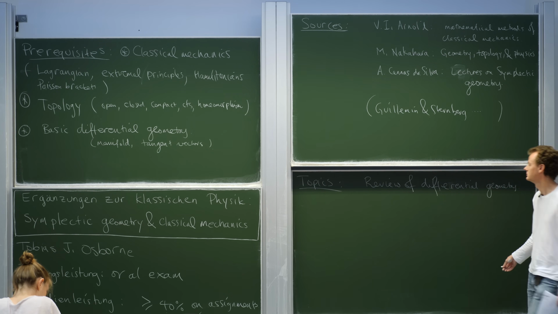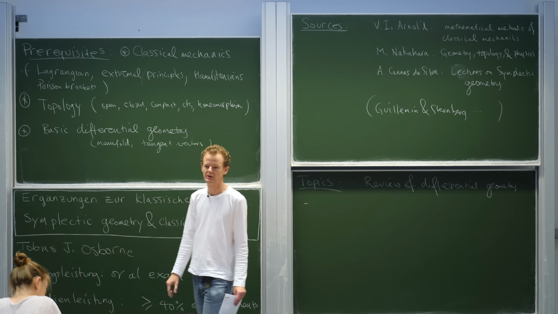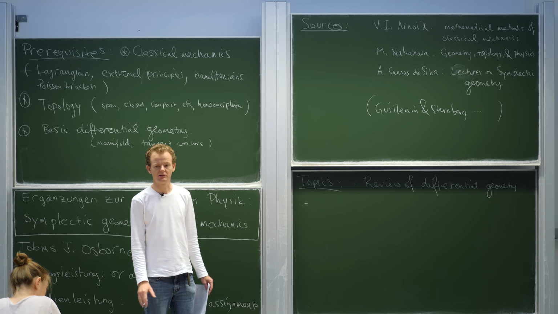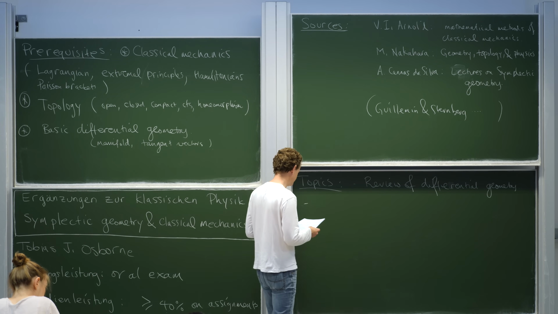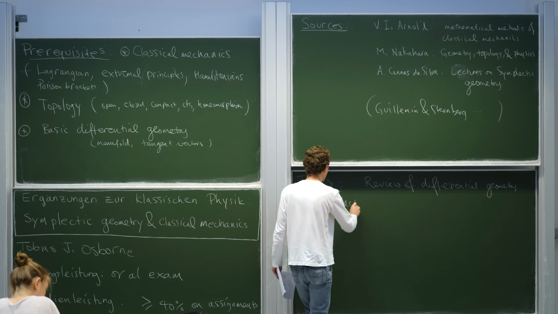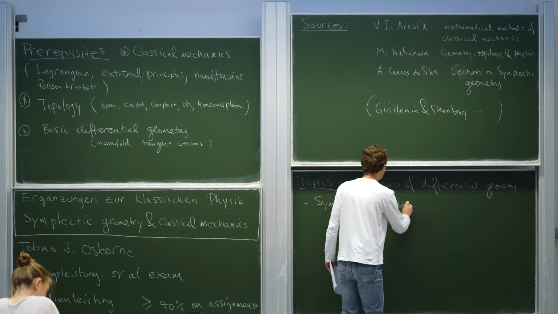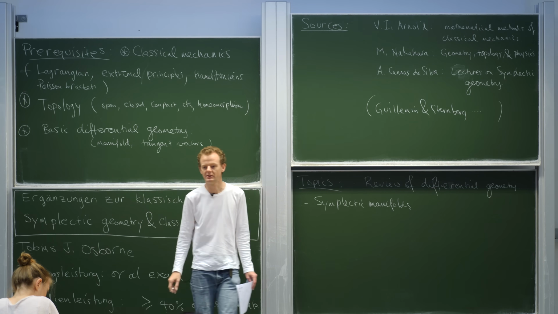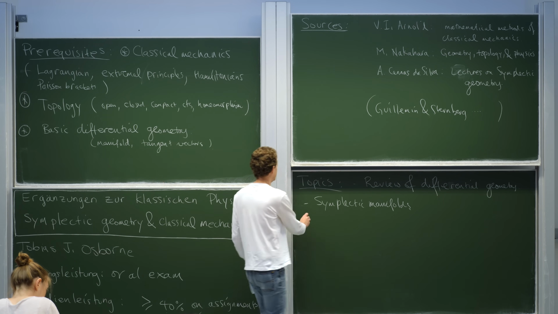We're just going to have to work through those definitions and do some examples and exercises in order to get comfortable with this language. Then we'll get on to the objects that will interest us for the rest of the course, namely symplectic manifolds. We'll be able to talk about those after we've introduced differential geometry.